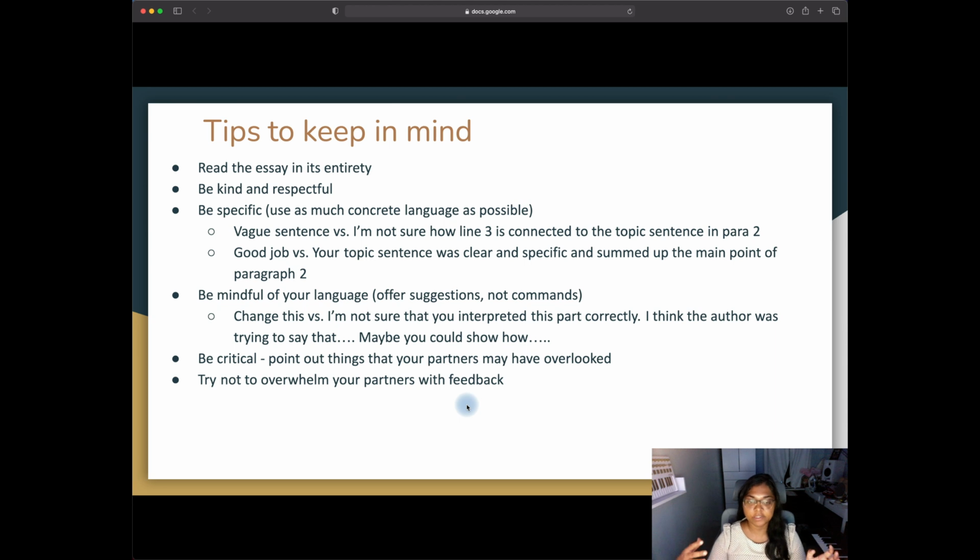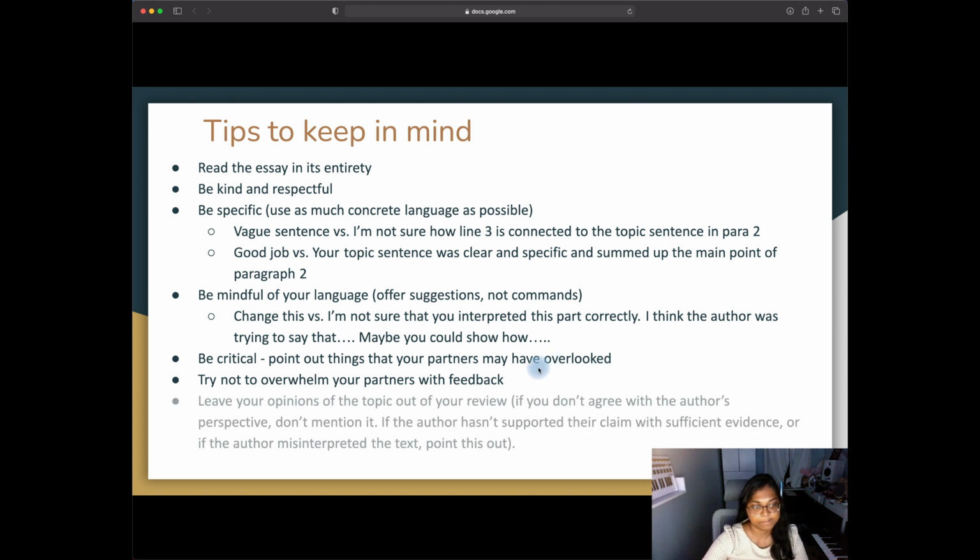They might end up feeling like, oh, nothing in their paper is right, and then that might affect their motivation to continue writing this paper. So try not to be overwhelming with your feedback, but you want to think about things that your classmates may have overlooked. So maybe they're missing a topic sentence. That's something that definitely needs to be included in a paper and something that you should point out.